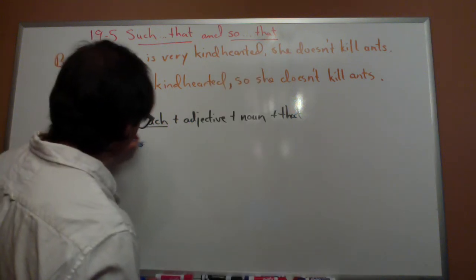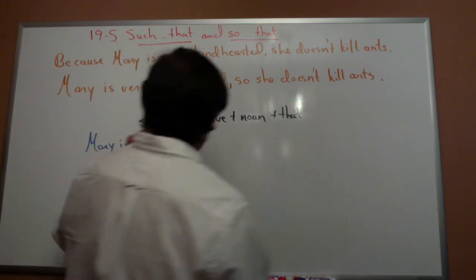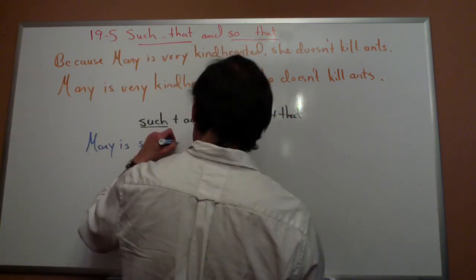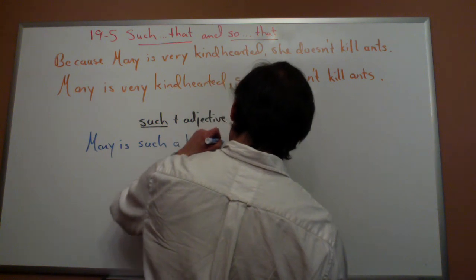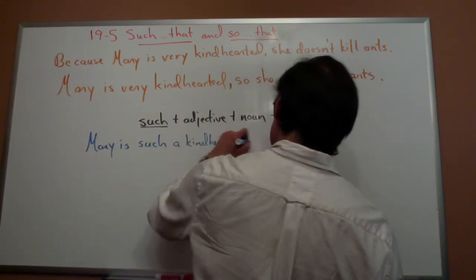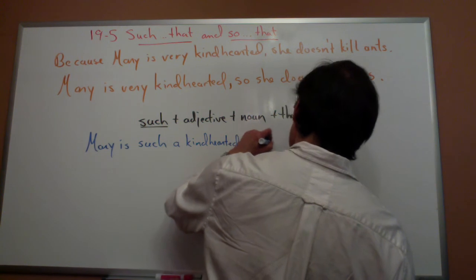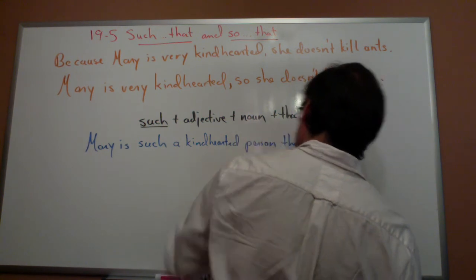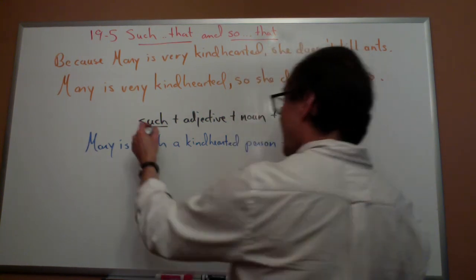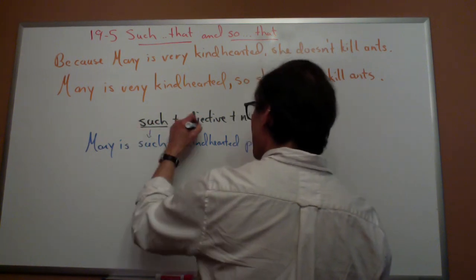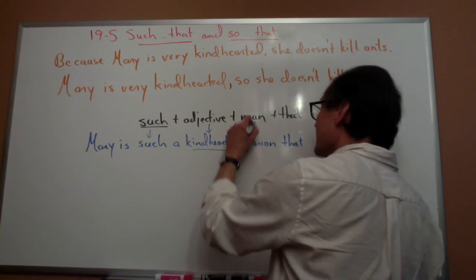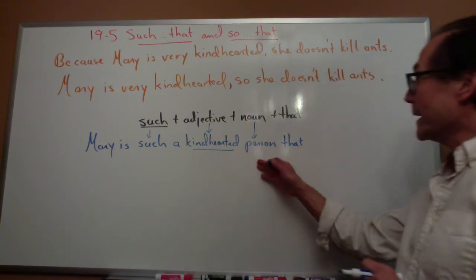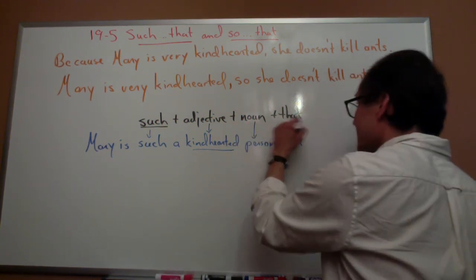Is such, and then I could say a kind-hearted person. That. So here I have such, and then adjective, kind-hearted, and then I have person, noun, and then I have that.